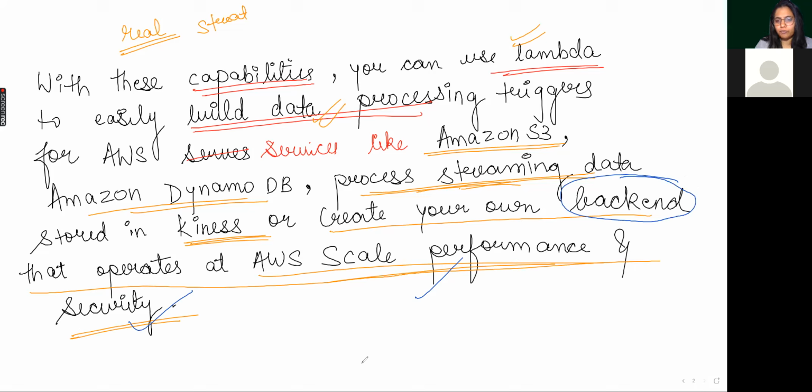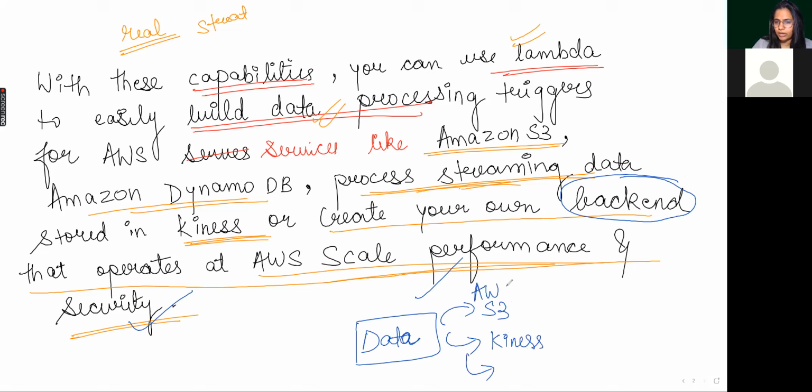In short, if you want anything related to data, whether using an S3 bucket, Kinesis, DynamoDB, or any other service of Amazon, these are the Amazon Web Services. At that time you can use a Lambda function.